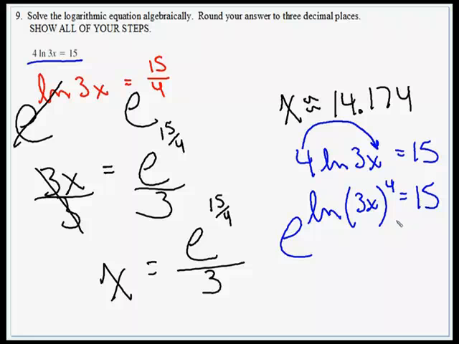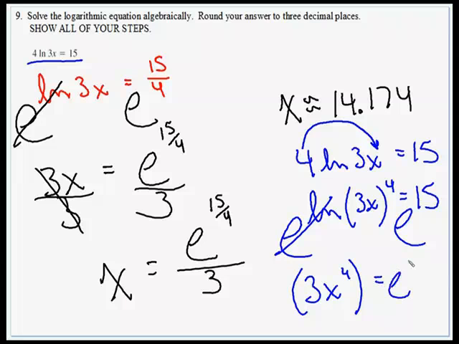Yeah, this is going to be a little harder. The e and the ln will cancel. We're going to have the quantity 3x to the 4th equals e to the 15th. Oop, and I should have had my 4th power outside. So what we could do is take e to the 15th, take the 4th root, get that answer and divide by 3. But yeah, that is going to be a little bit harder than the first way we did.